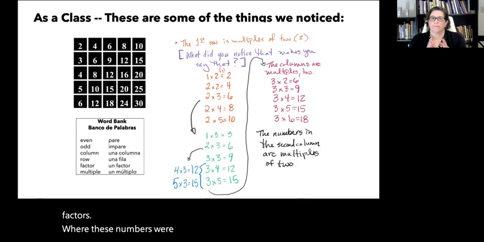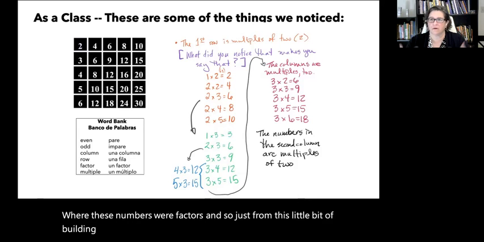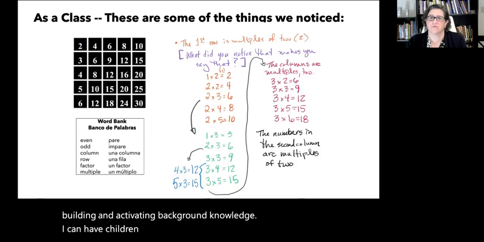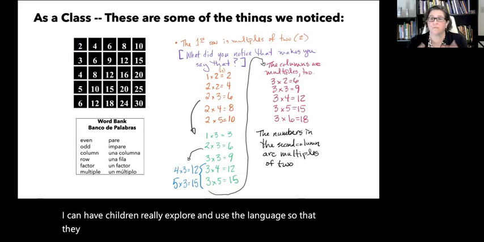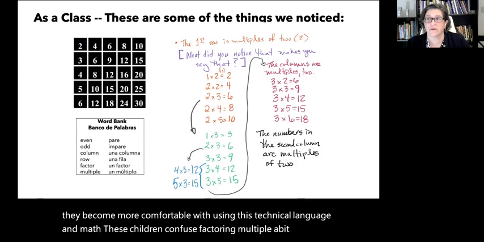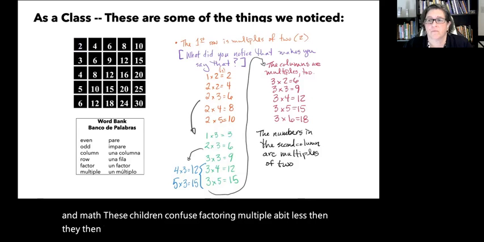And so just from this little bit of building and activating background knowledge, I can have children really explore and use the language so that they become more comfortable with using this technical language in math. These children confuse factor and multiple a bit less than children had prior to engaging in this.